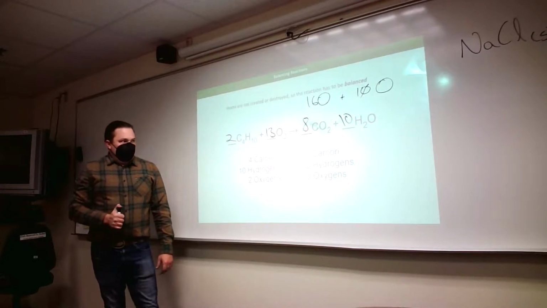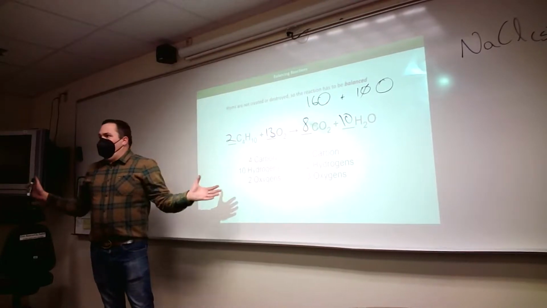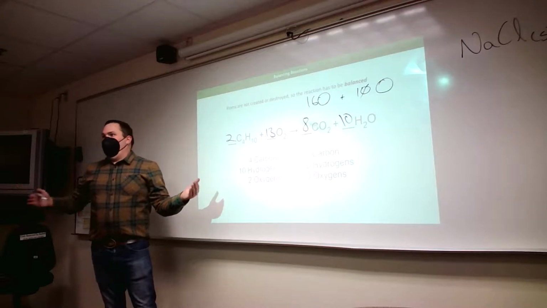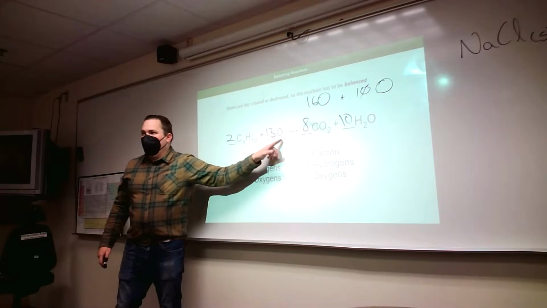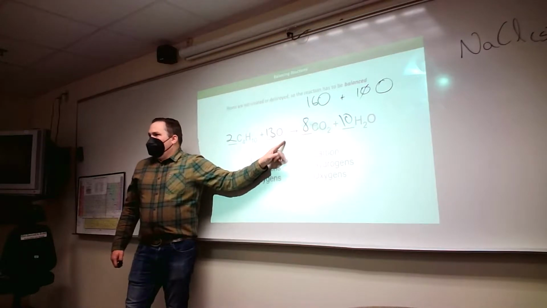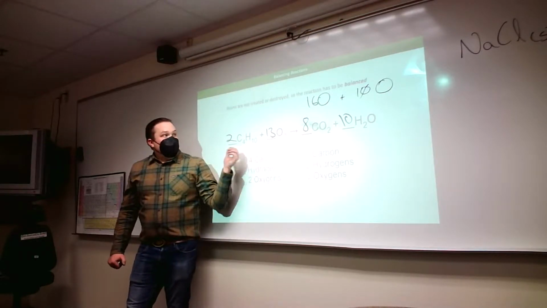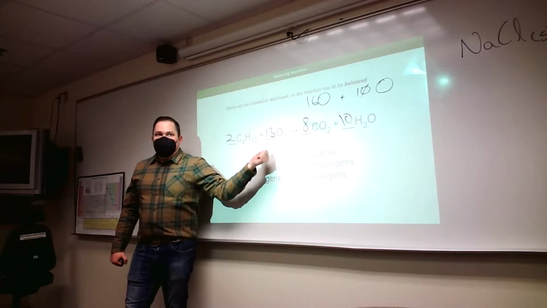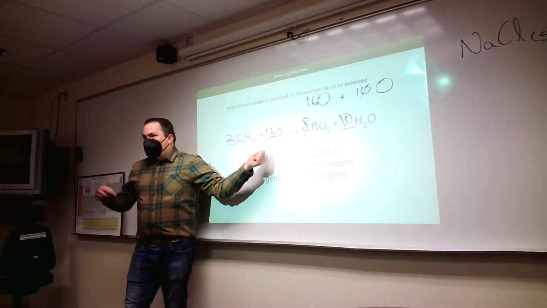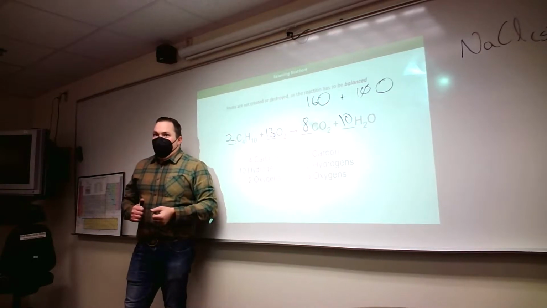Right, so when you start totally blank, it seems a little overwhelming. Where do I even start balancing this? Just pick a place. Start doing it. Save the simplest molecule for last. And a lot of times, if I gave you a real reaction, which I will always try to do, it will usually wind up working itself out in a lot of ways.